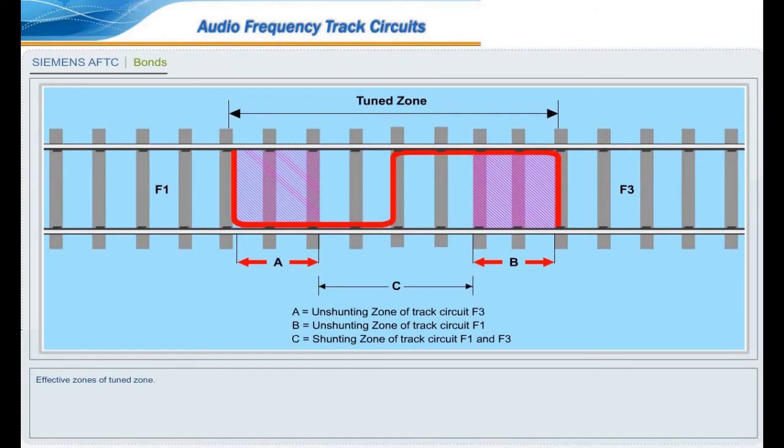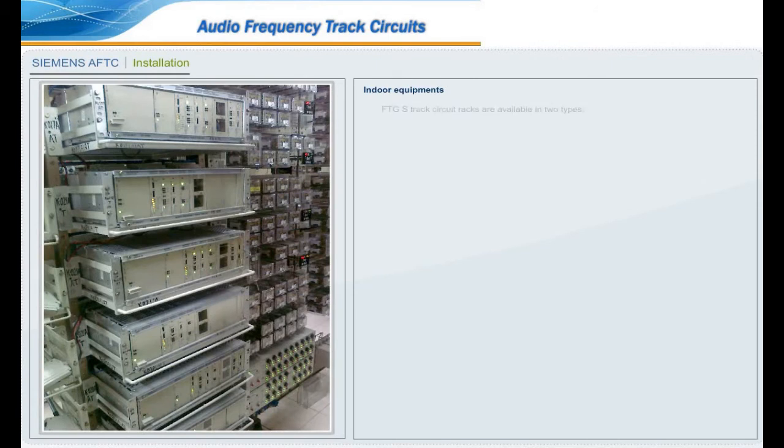Effective zones of tuned zone. Indoor equipments. FTGS track circuit racks are available in two types: S25533 G16 A2 and S25533 G17 A1.